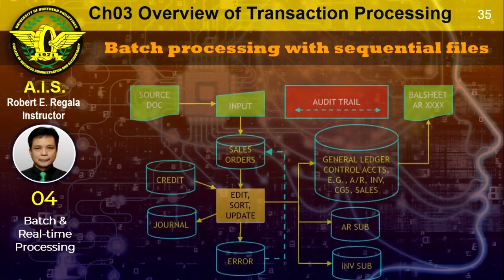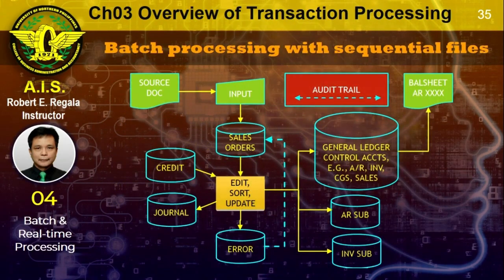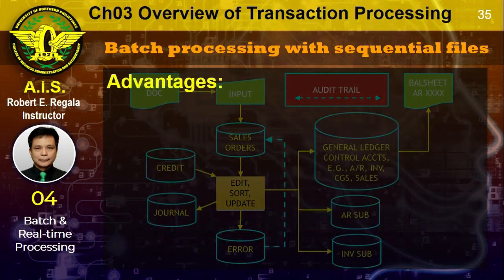Batch processing using sequential files. Now let's look back at our illustrative example of an entirely batch processed sales order process. Remember that a batch is a group of similar transactions that are accumulated over time and then processed together. The following highlight the advantages of the batch process.